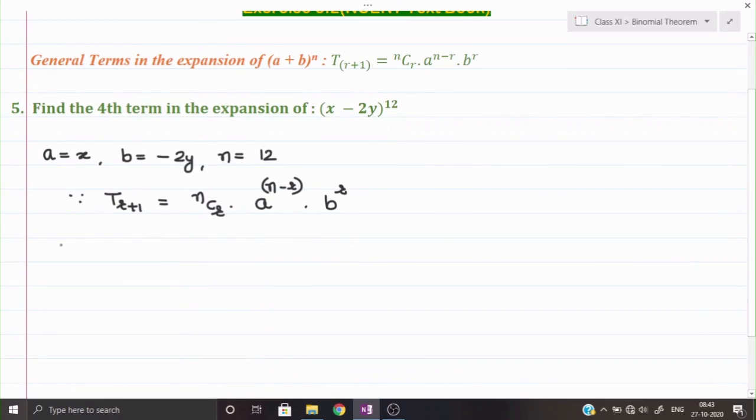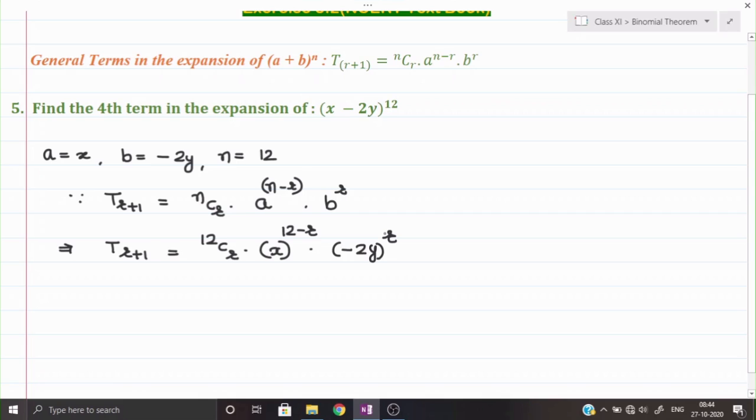So here we can say that T r plus 1 is equal to, n that is 12 C r, into x to the power 12 minus r, and then minus 2y whole power r.